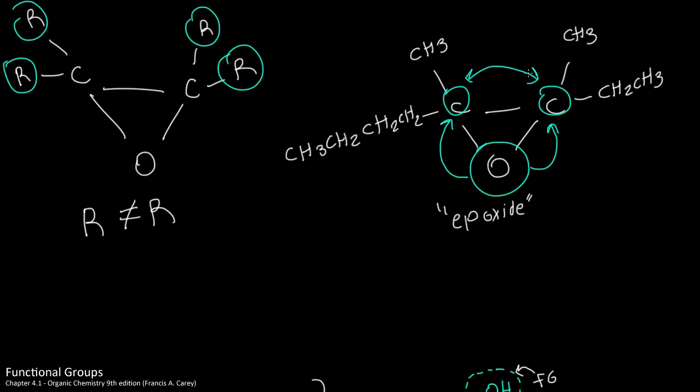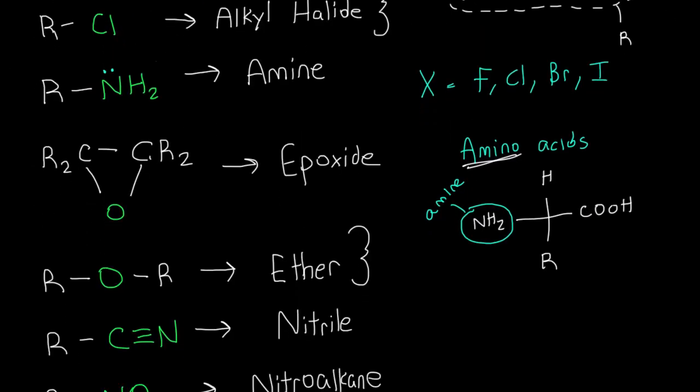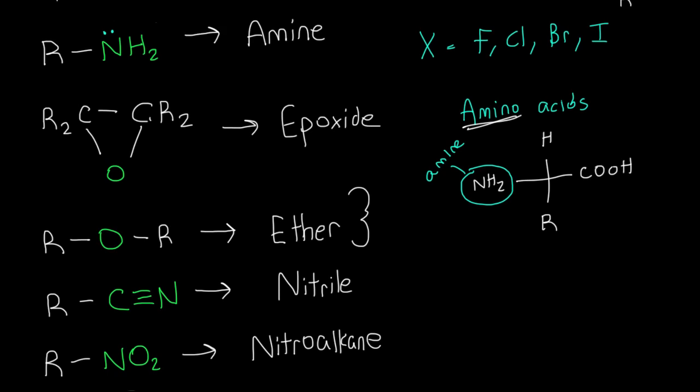So that constitutes an epoxide, and obviously the oxygen has its lone pairs of electrons right here, so it will not form another bond unless it gets a positive charge. But that's moving into stuff that gets a little bit advanced. So epoxides, we will not look at the naming of epoxides in Organic Chemistry 1, but the concept of them might appear in the chapters, especially if you're using the same textbook that I am.